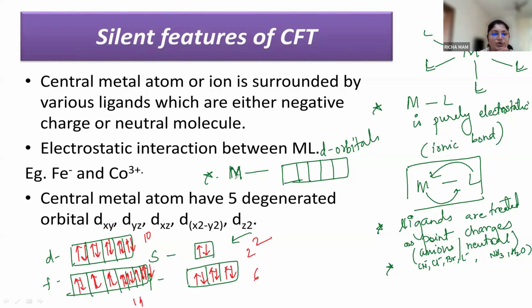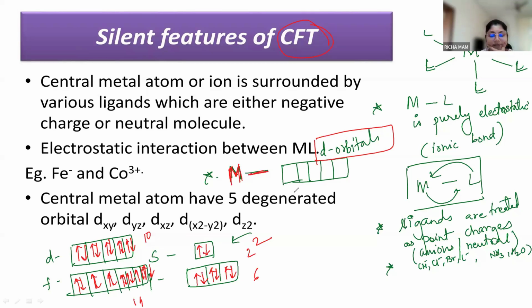When we are talking about coordination compounds, we are going to deal with d orbitals. We are interested in d orbitals. So what is the third point?